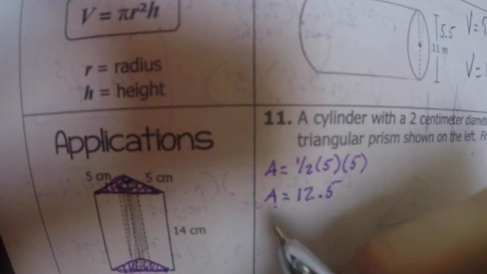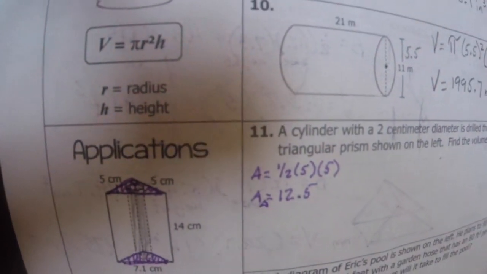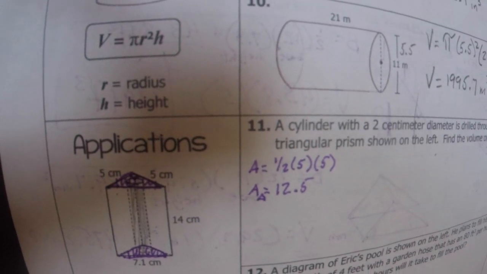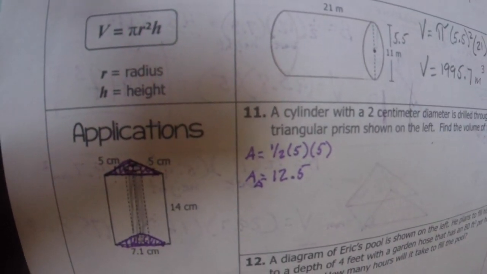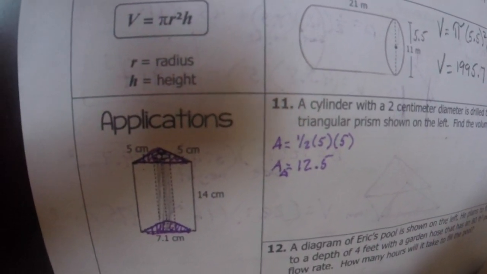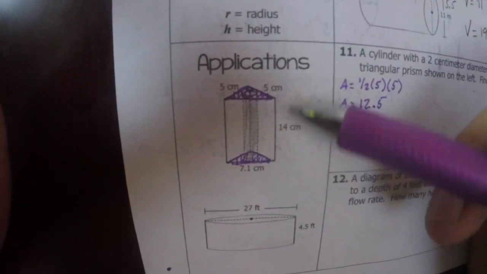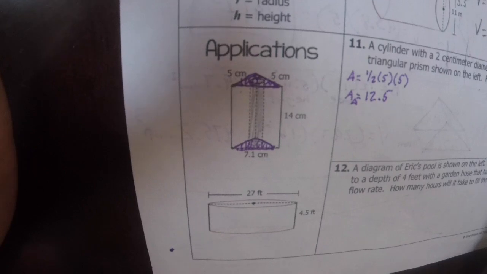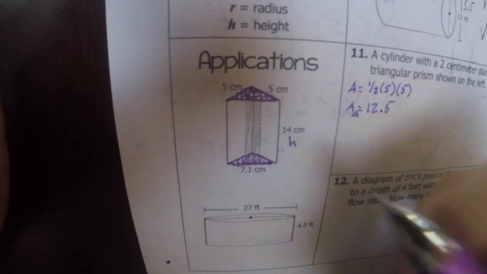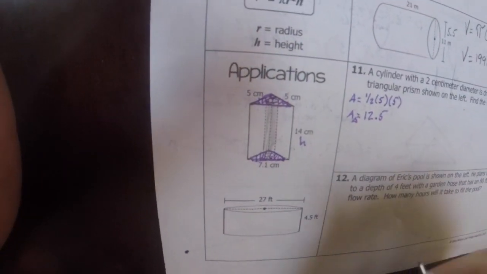Okay, that's the area of the two triangular bases. That's going to be B. Now, how much space is between the two bases? I got one base up here, I got one down here. How much space is between them? 14. That's my H.